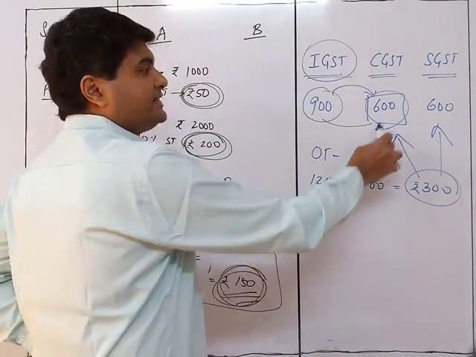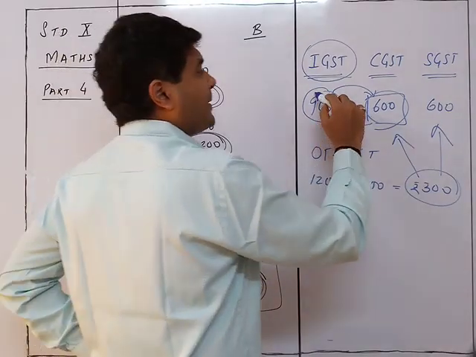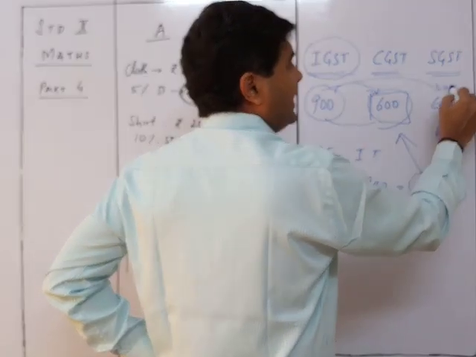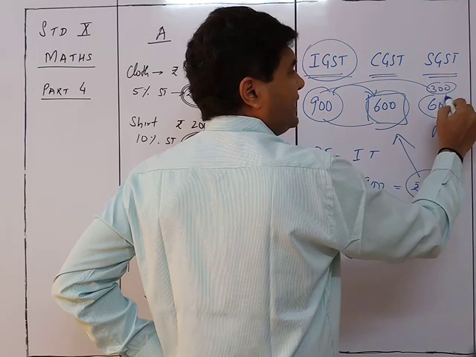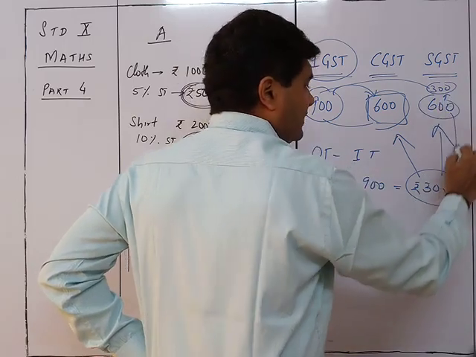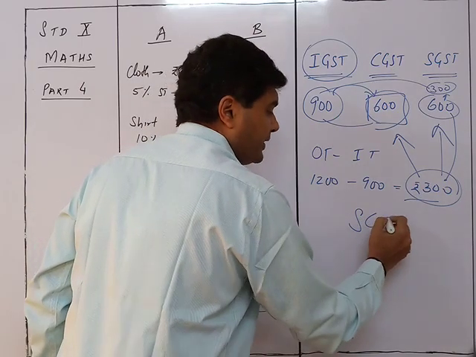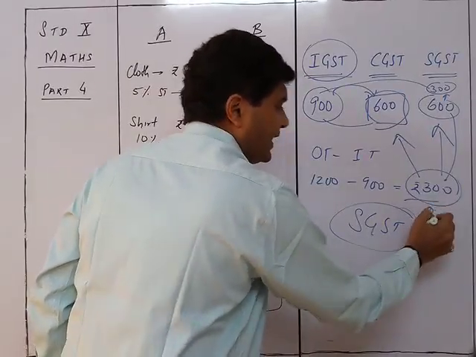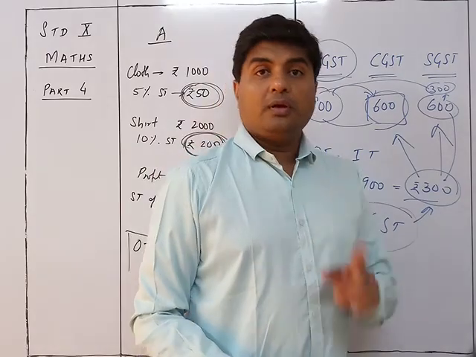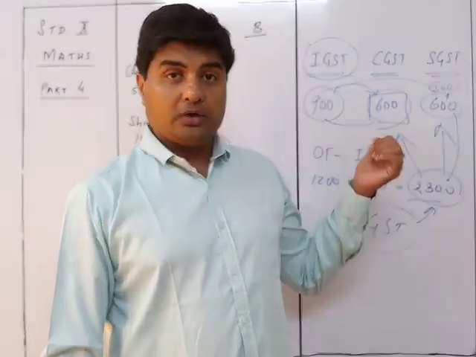Okay? So ये 600 इसके साथ में पहले हो जाएगा और इसके बाद बचा कितना 300. So here 300 of the 600 is paid over here. So the balance 300 is what is over here, which is paying to the central. So the state government is going to get rupees 300 from the shopkeeper.